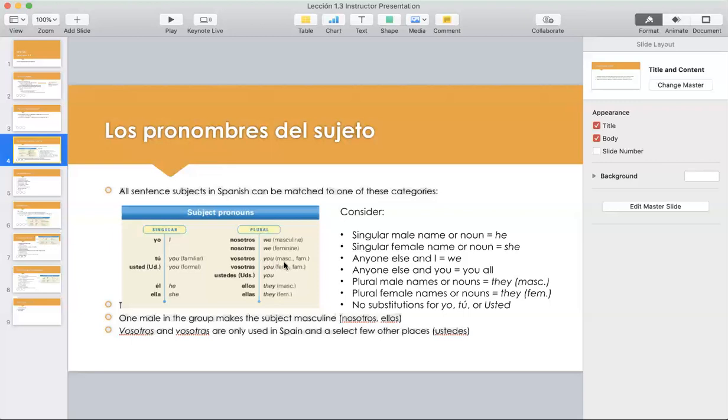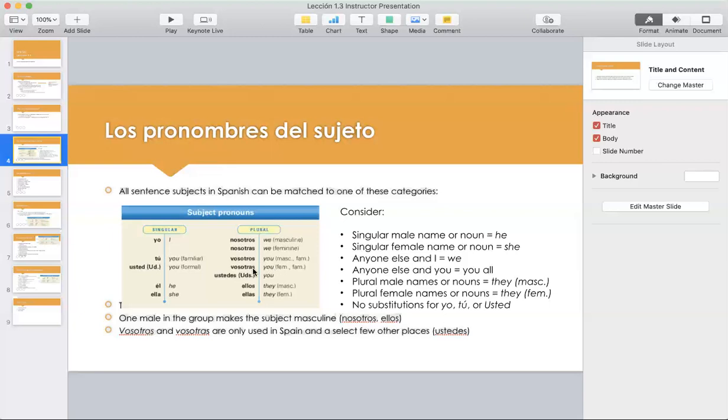And vosotros is masculine and vosotras is feminine. Now you notice here that it says familiar. Now, what we are learning is the Spanish of the Americas. It's a Spanish that's spoken in South America and Latin America.